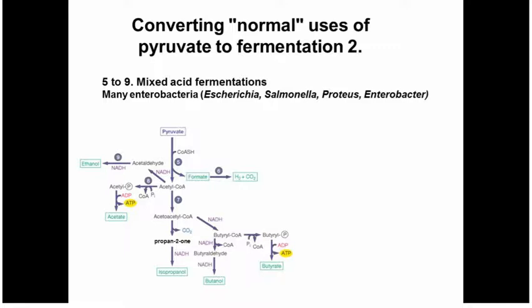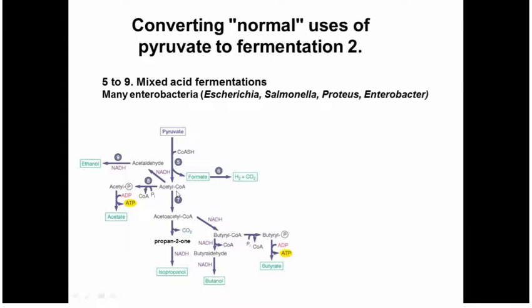Oh, that's terrible, isn't it? What a mess. Okay, so some of the electrons stay on the carbon here, together with the hydrogen. So, pyruvate formate lyase gives you formic acid, and also acetyl coenzyme A.